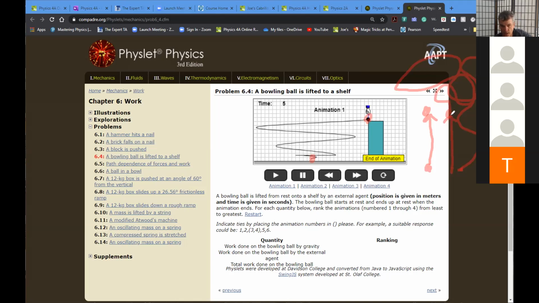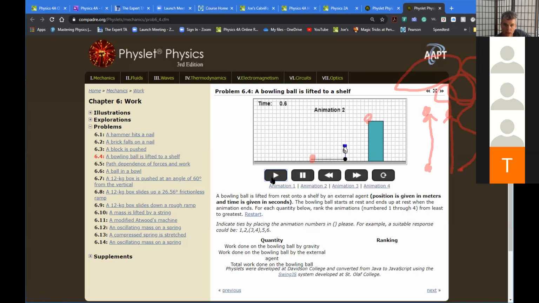So in this case, all 4 animations, it's always starting and stopping at the exact same spot. And so the work done by gravity is the same in all 4 cases. Even in animation 3 where it goes higher than the ending spot, it moves like a projectile really.